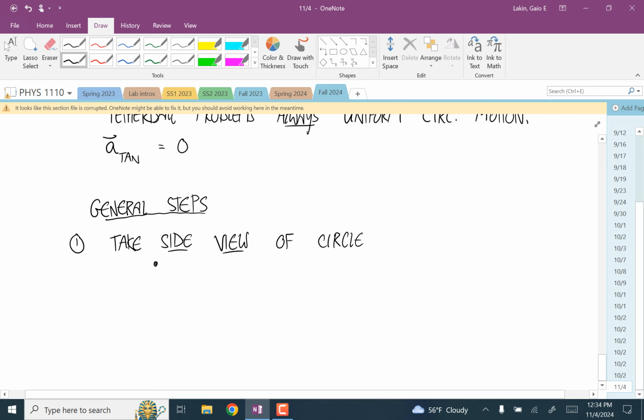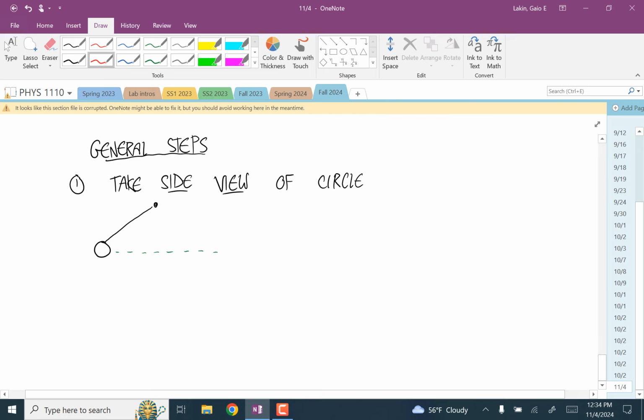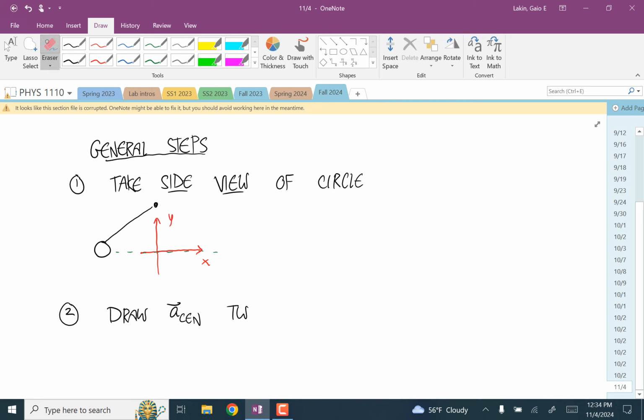So there's the view we're going to take, and the circular path is here. And I'm going to draw my coordinate system like this. The second step is to draw the centripetal acceleration toward the center of the circular path.